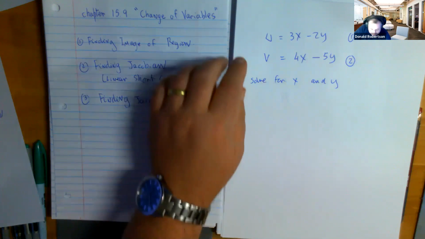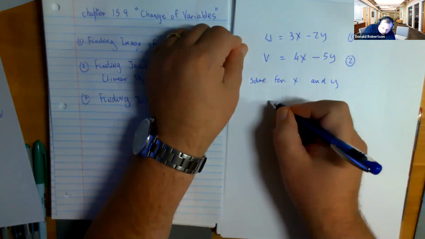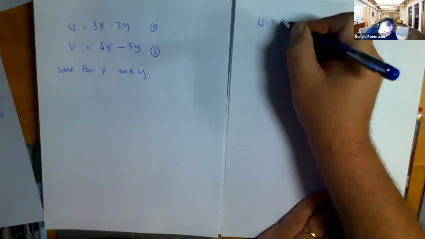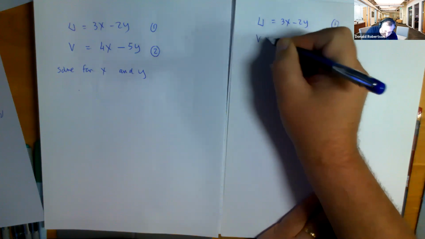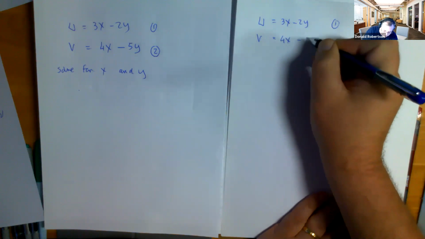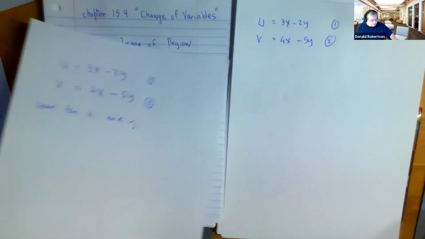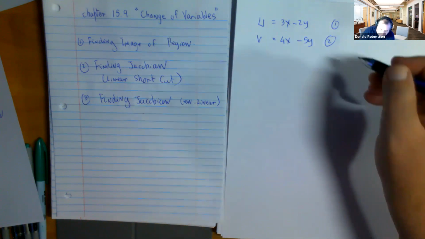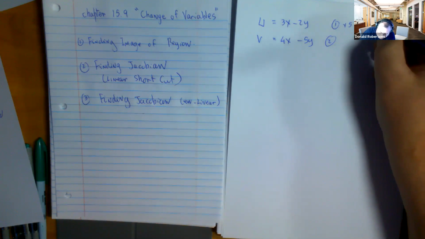So as I look at this particular combination, I'm going to rewrite them because I want to keep things above each other. Here is the first equation, equation 1. Here's equation 2. And I'm going to use what's called the addition method. So I'm going to take equation 1, multiply it by 5.